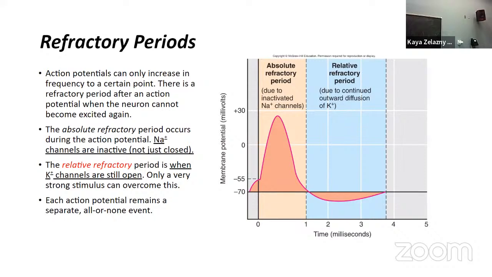So when it can't depolarize again, right? Excitation is really depolarization, right? So we can't excite this neuron for a little bit of time after the action potential, essentially. So this is due to the action of those voltage gated channels, because we saw that time was a factor in their behavior, right?